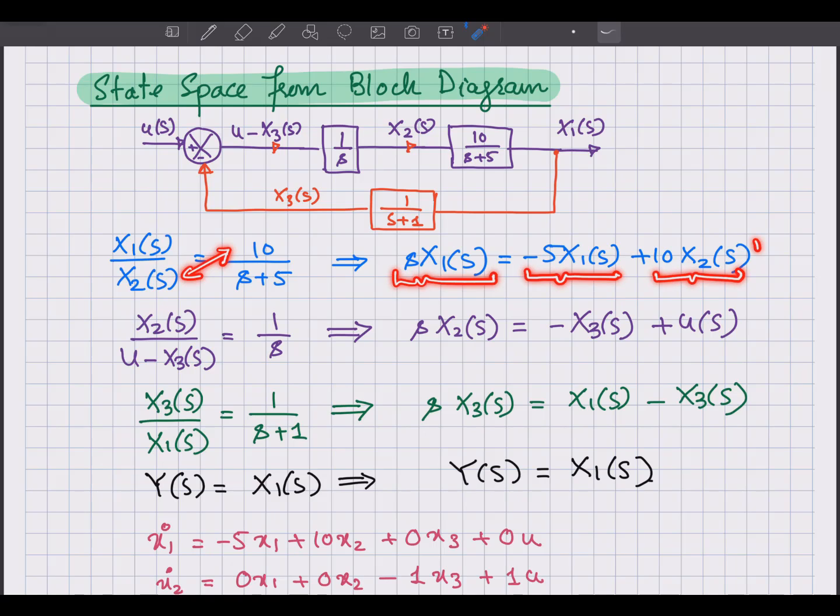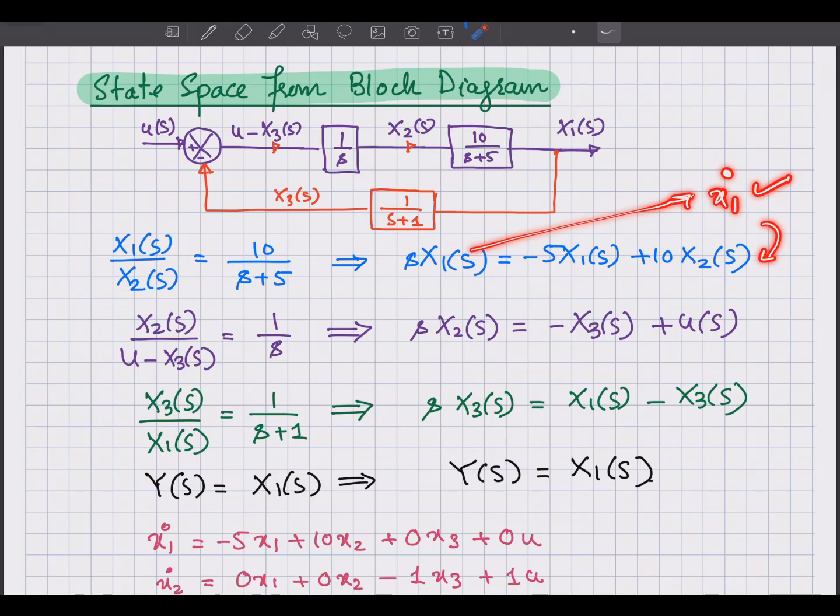I am taking s over here because s basically represents the derivative. So in time domain it can be written as x1 dot. So this is basically the first order linear differential equation in s domain, and this is the transfer function between these 2 points.